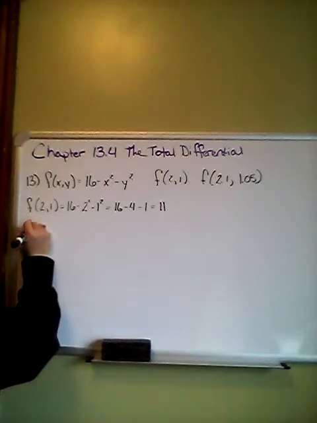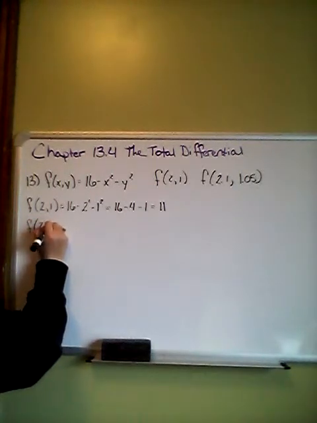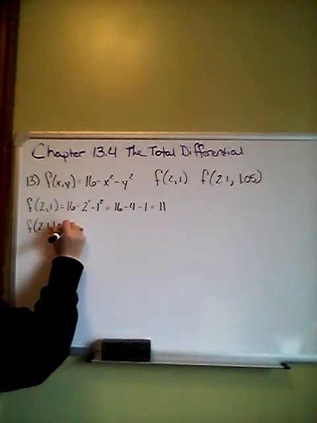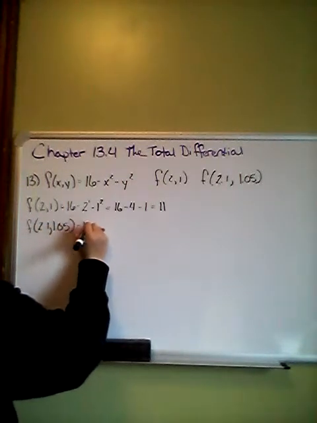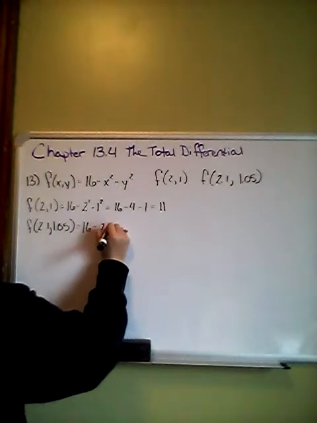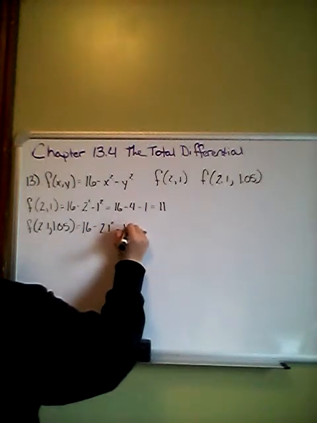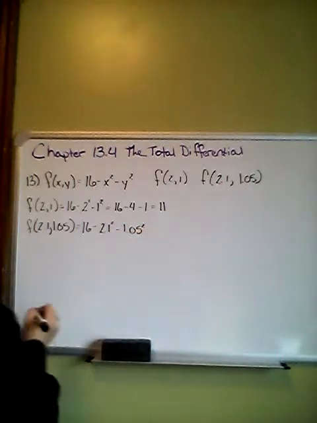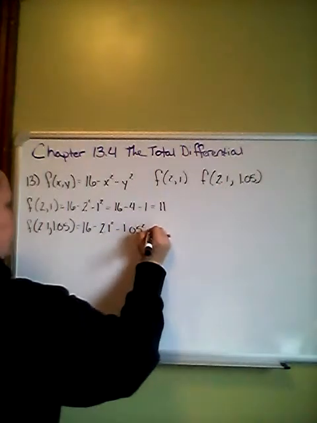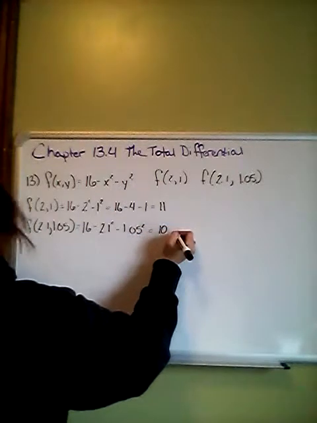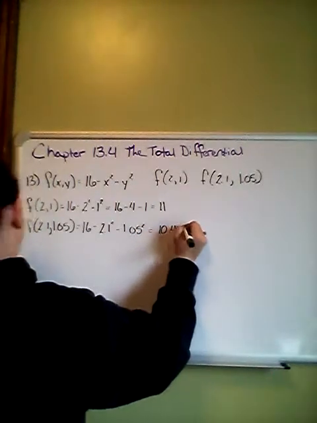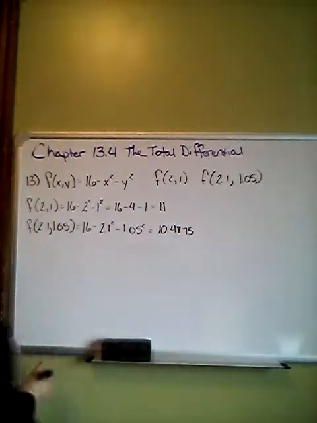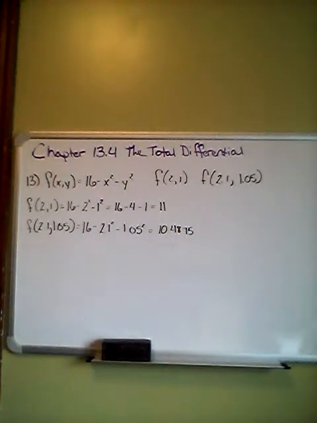So then we're going to evaluate f at 2.1, 1.05, and that is going to give us 16 minus 2.1 squared minus 1.05 squared, which is equal to 10.4875. So those are our values of f at those points in the function. We are going to use those later when we get to evaluating our differential.